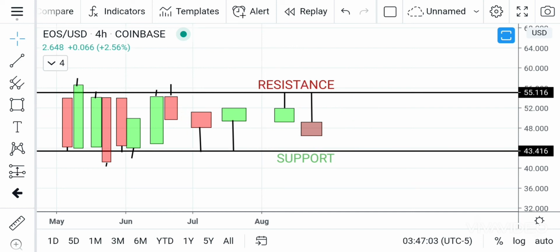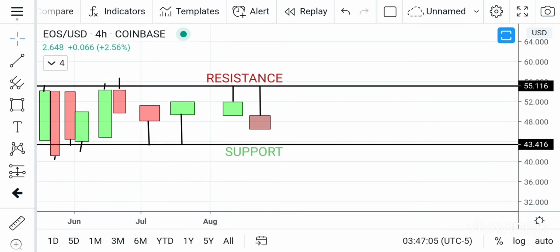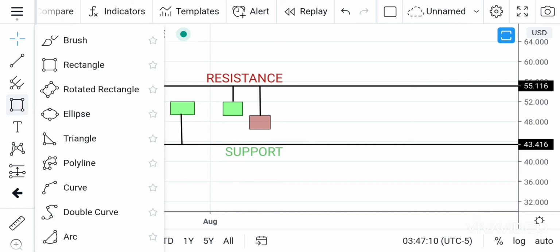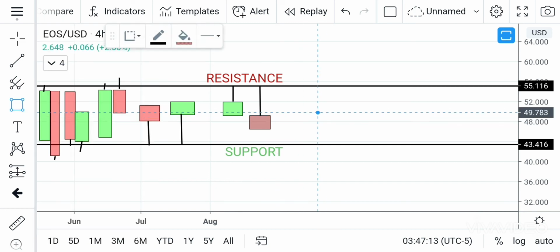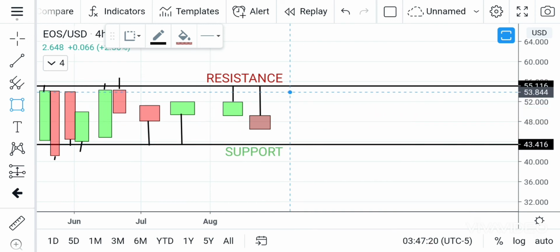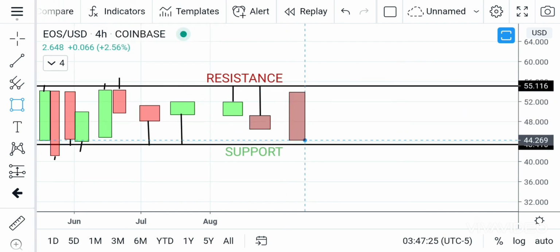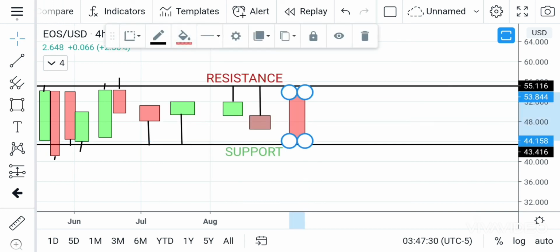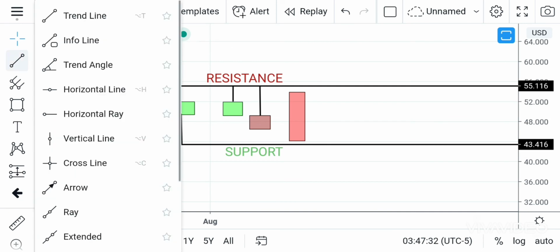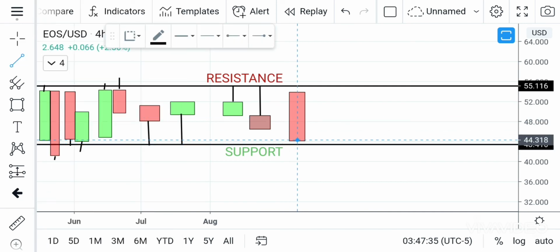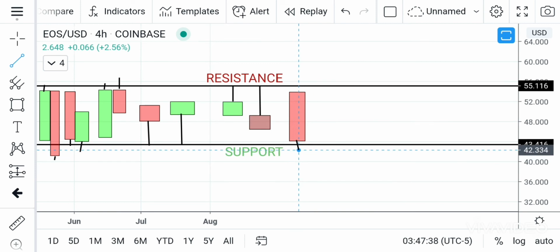So the next candlestick pattern I'm going to talk about is the Harami candlestick pattern. That one is what we call an inside bar. So first of all, I'm going to talk about the bullish Harami. So let's say the sellers start pushing the price down up to this point, lower, and you have a little price rejection around the support.